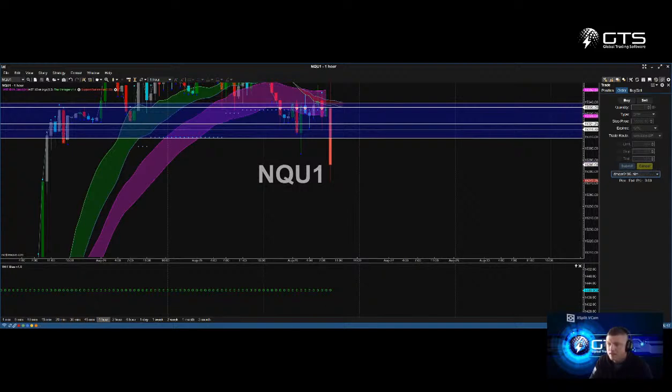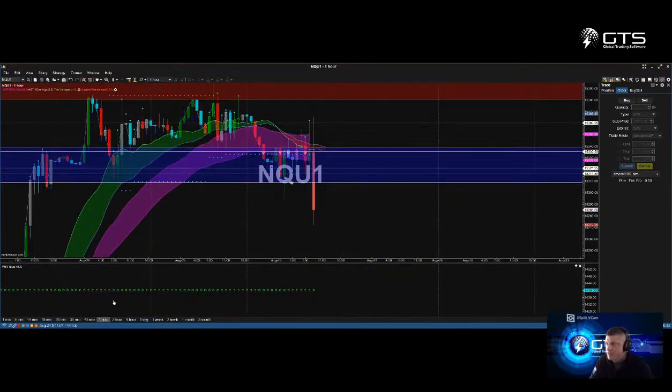Wow, that's showing some pretty decent downward movement there. Let's see here. Unless this is just a big giant bear trap. I'm sorry, bull trap.